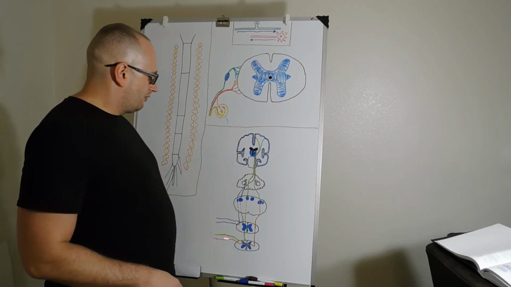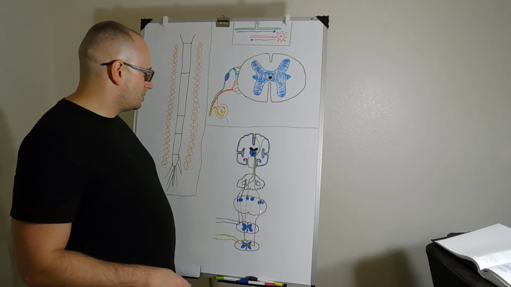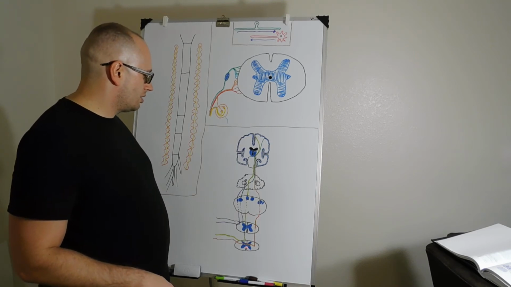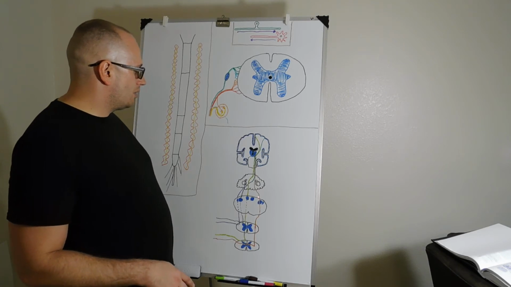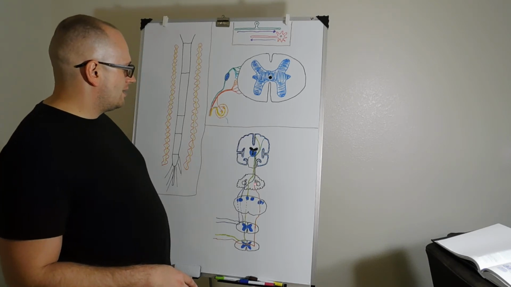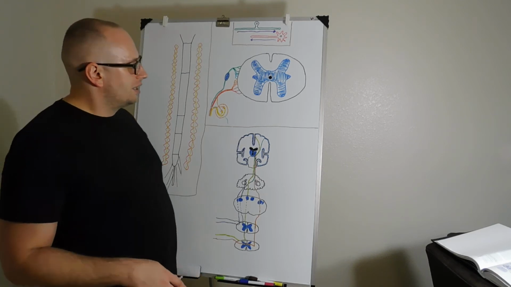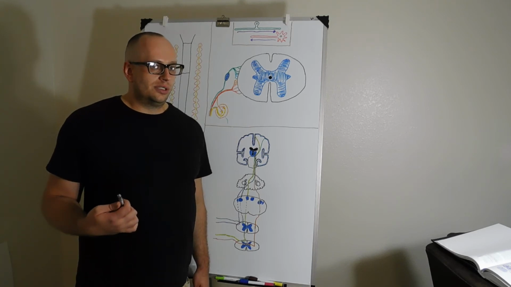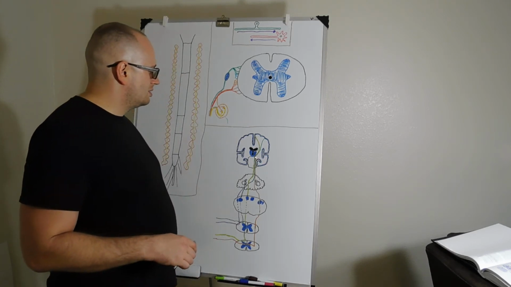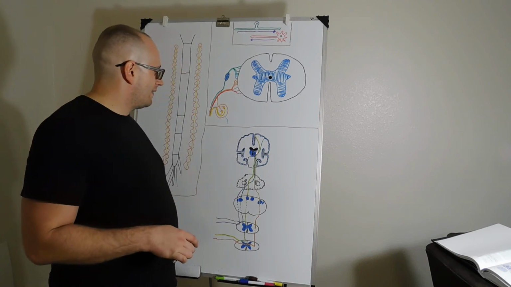So first order, second order, it goes up, and it doesn't synapse in the medulla, because remember, the second order neuron started down in the gray matter. It goes straight up through the medulla and straight past the cerebellum to the posterior ventral medial nuclei of the thalamus.